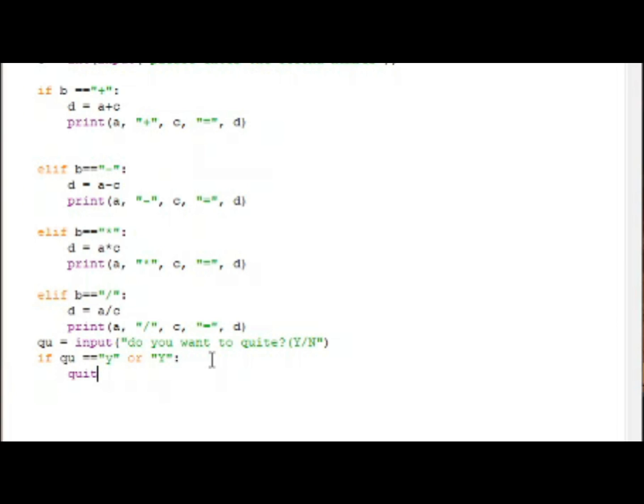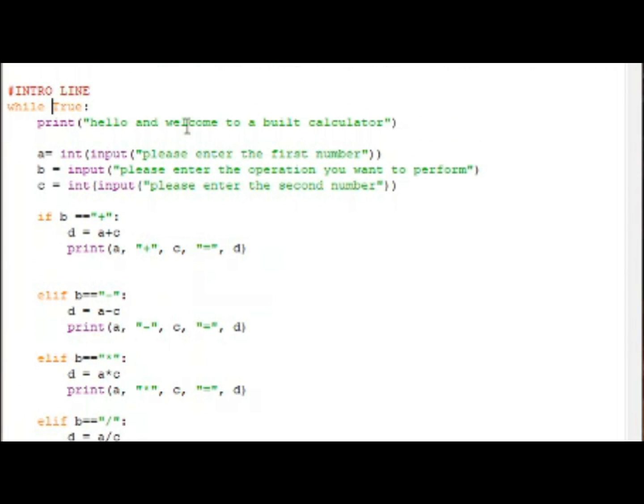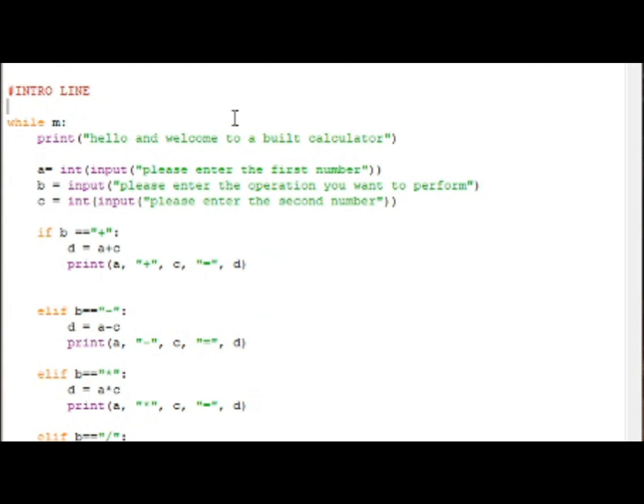Or if you don't want to write quit like that, you can give a variable m equals quit, and here while m, and before that m equals true.